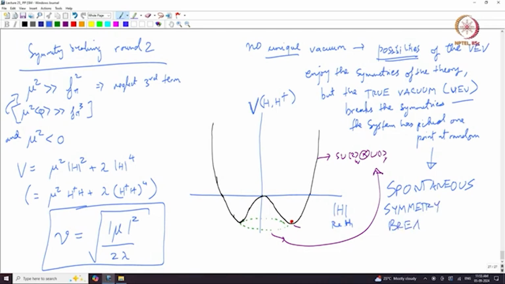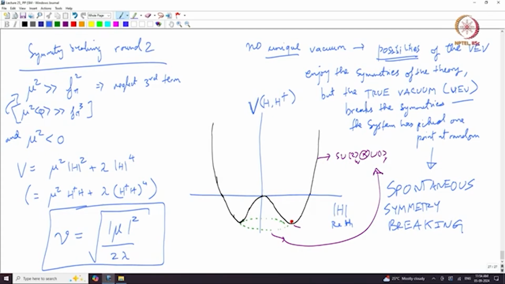Okay. This is one of, if not the most important concept in particle physics, but also in condensed matter physics. When you want to learn field theory and want to understand how a lot of phenomena happen, how a lot of phase transitions happen, how masses are acquired by elementary states, you need to digest the concept of spontaneous symmetry breaking.